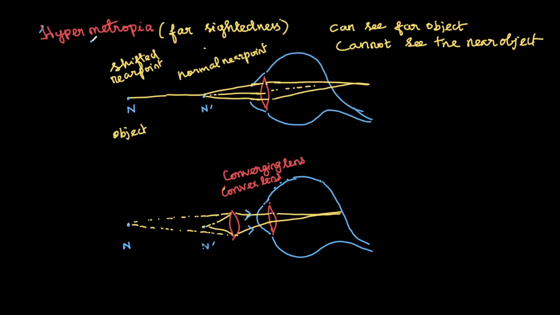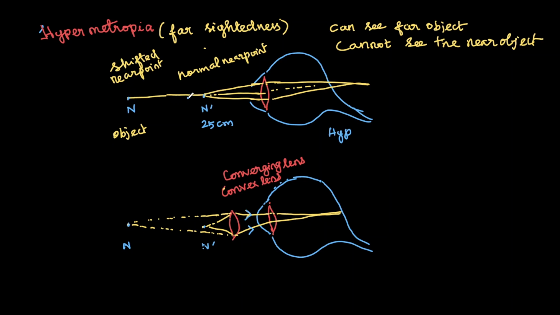The next defect is hypermetropia. Hypermetropia means far-sightedness. The hypermetropic person can see the faraway object but cannot see the nearby object because the near point is shifted. The normal near point is 25 centimeters, but for the hypermetropic person the near point is shifted from the normal.